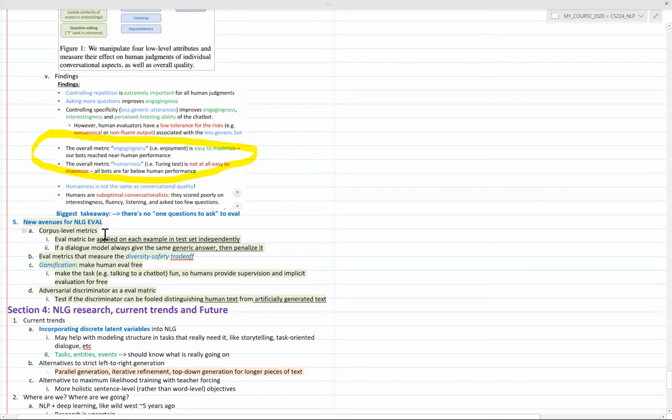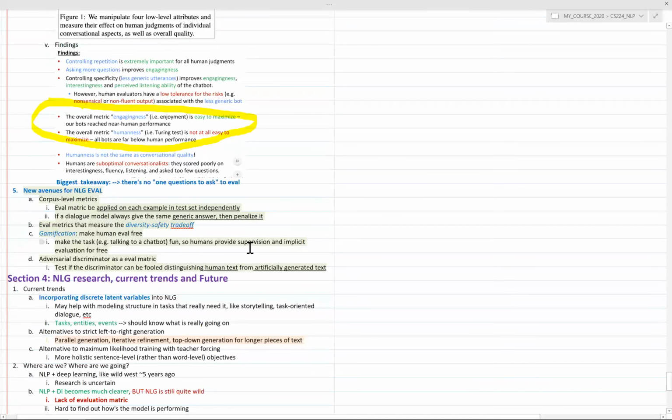So the main idea is applying on each example in the data set independently, so the evaluation metrics are focused on different examples separately instead of generally treating the evaluation metrics. Also the world is talking about the diversity and safety trade-off.